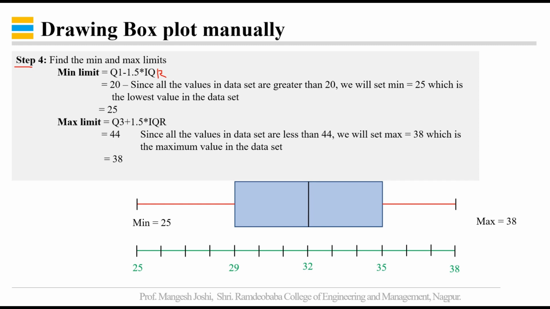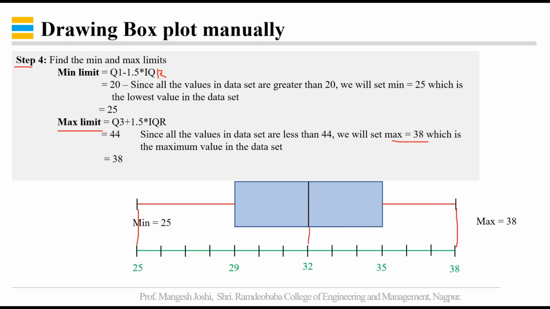Now the maximum limit, Q3 plus 1.5 times IQR, comes out to be 44. Since all the values in the data set are less than 44, we will set the maximum value in the data set, which is 38, as the maximum. So you can see that the maximum value is 38 and the minimum value is 25, and the median is 32.